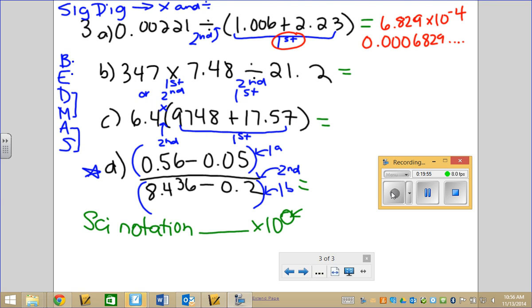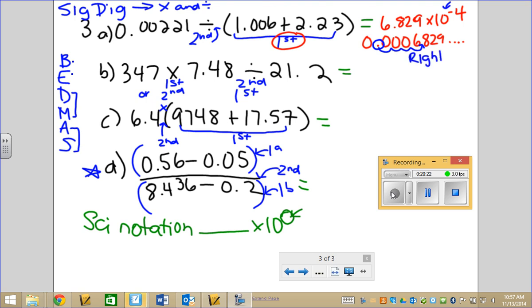The bottom number is not in scientific notation. Scientific notation tells me to have one number in front of the decimal. So I take my decimal and I move it 1, 2, 3, 4 spots. Now, since I moved it 4 spots to the right, my exponent is negative.